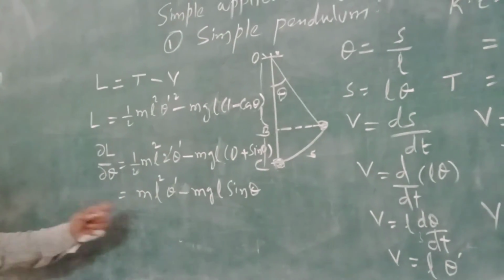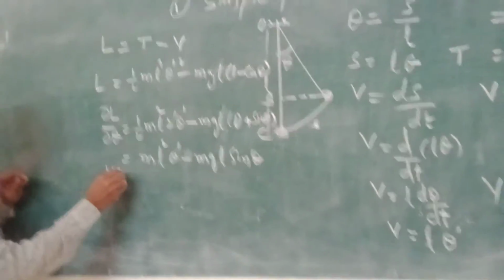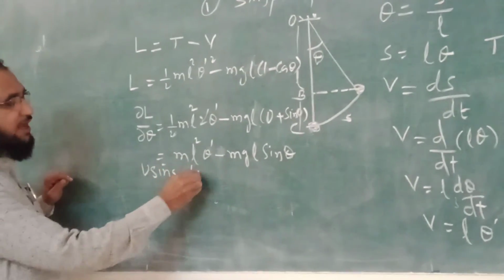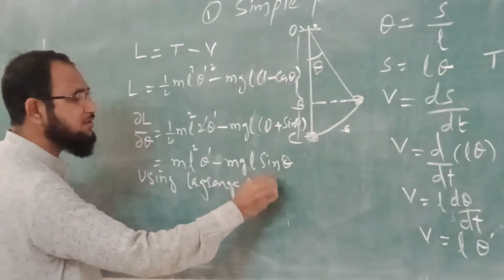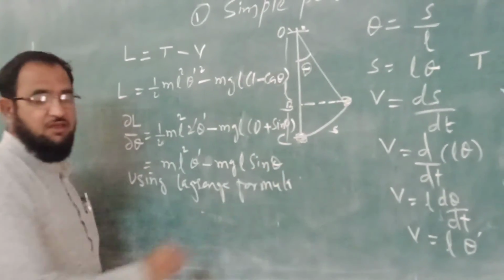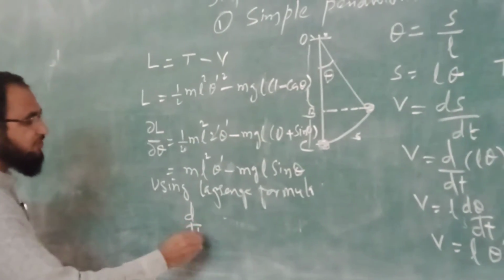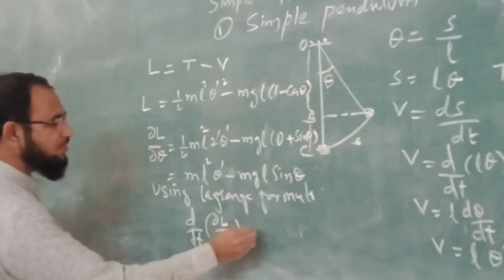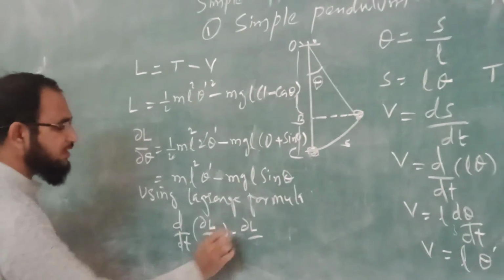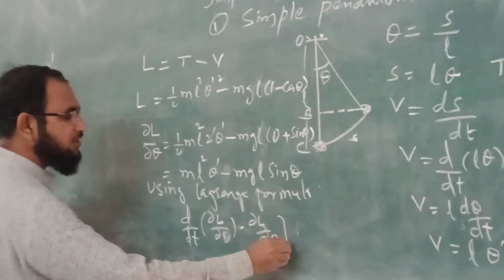Now I will write the equation using the Lagrange formula. The Lagrange formula is d by dt of dou L by dou theta dash, minus dou L by dou theta, equal to 0.